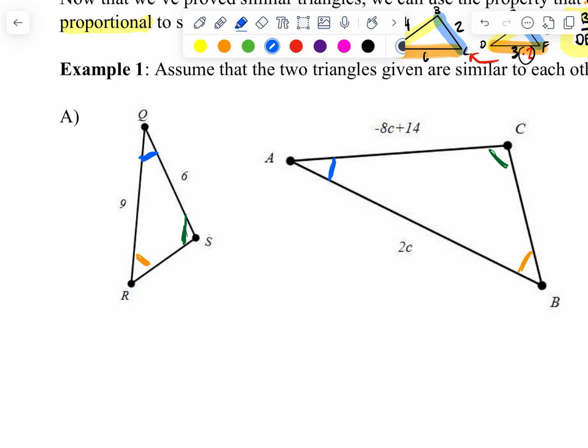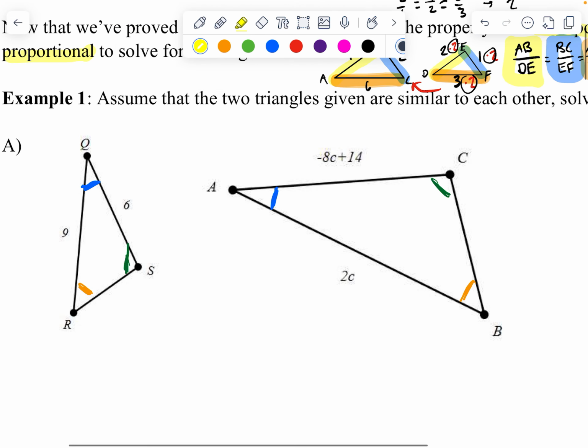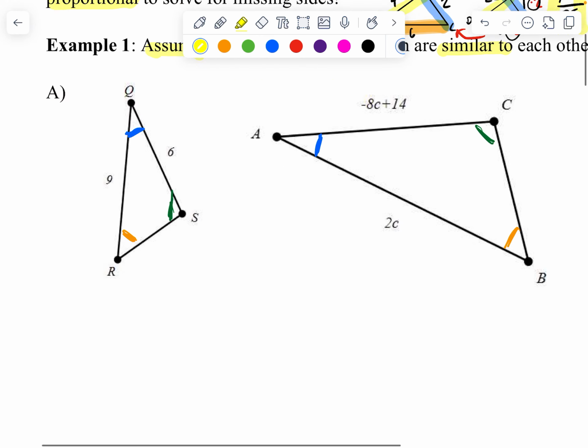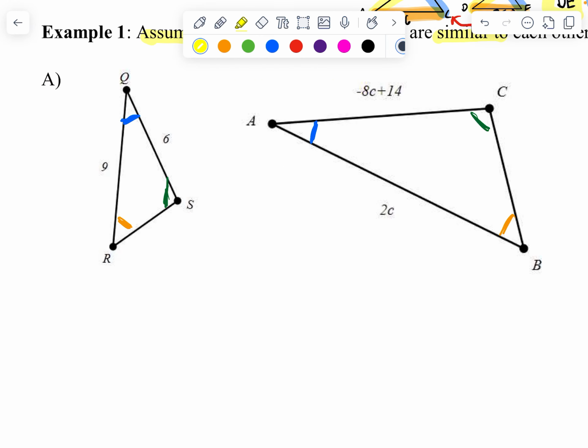All right, so for example, we're assuming we have triangles that are similar, which means we can assume we have proportional sides. With that assumption, we could pick a triangle and go from one to the other. I like going larger to smaller, but it's not going to matter however you set this up. So I like larger triangles, so negative 8C plus 14.